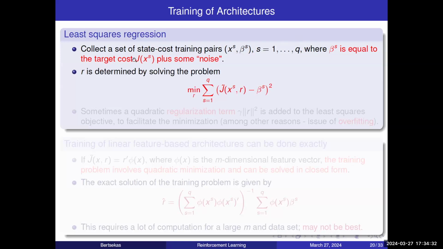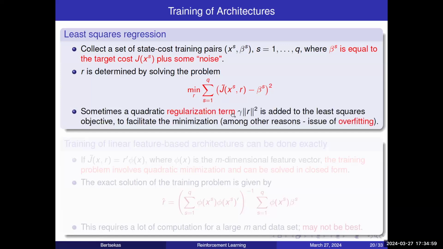And the weight r is determined by solving the least squares problem, whereby we sum up the quadratic difference between J tilde and beta_s, summed over all the samples, and minimize over the weight or parameter r.